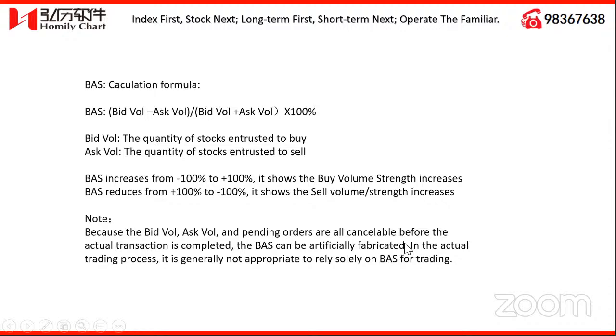Sometimes bankers will artificially put in a buy order or sell order to fool the market. So in the actual trading process, it's generally not appropriate to rely solely on bias for trading. It's a reference only.